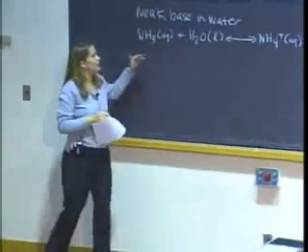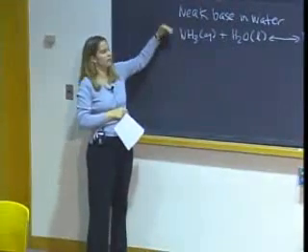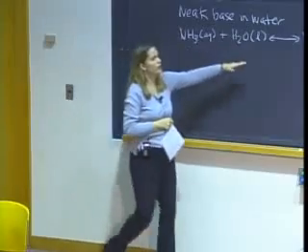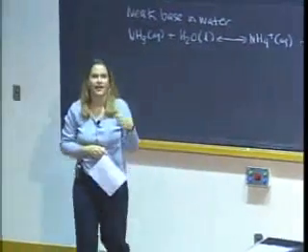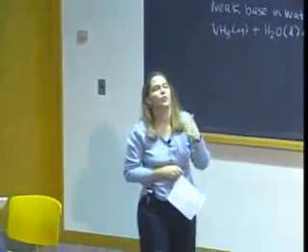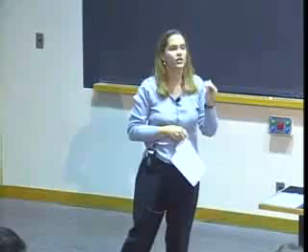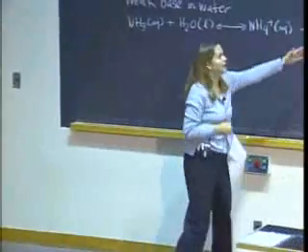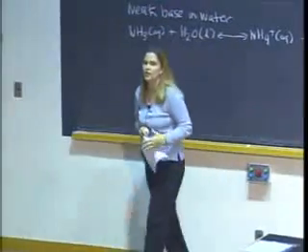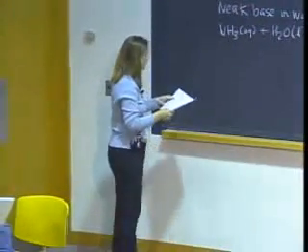So if you're talking about a weak base in water problem, you're going to expect to see hydroxide ion on the other side. And this is just a check that you want to make sure you're asking yourself as you're doing these problems. If you write the equation wrong, you're going to be in a lot of trouble. Weak base should yield a basic solution, so you should be getting hydroxide ions out.